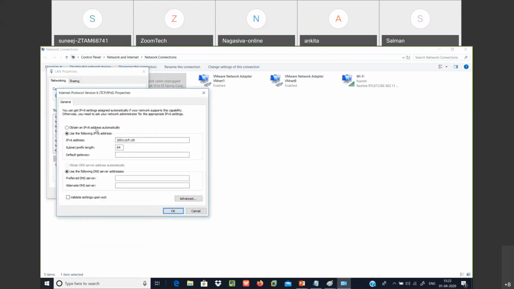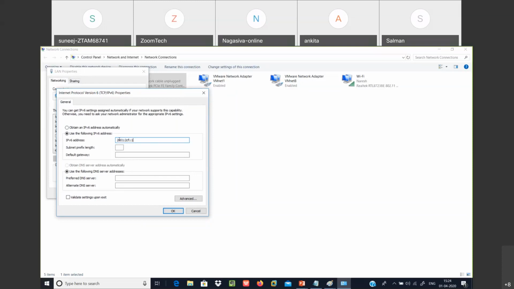Here you can change it. For example, 2001:2CF::1. This is my IP address. Out of the 128-bit IP address, how many bits are the network portion? 64 bits, right? Technically we call this the subnet prefix length.